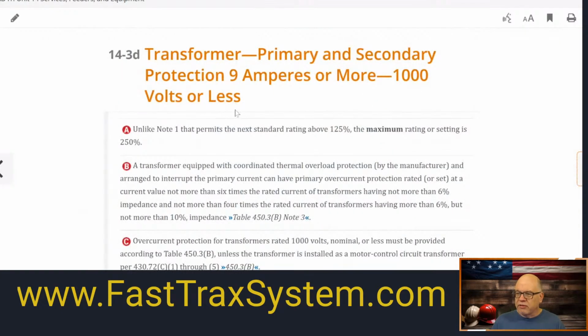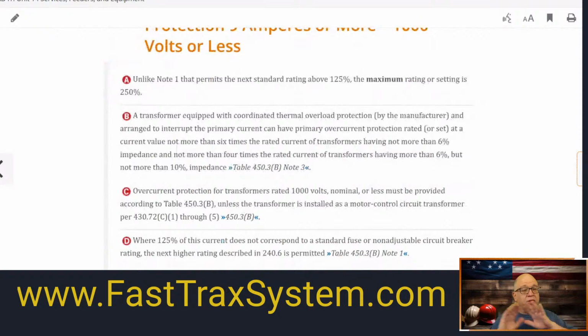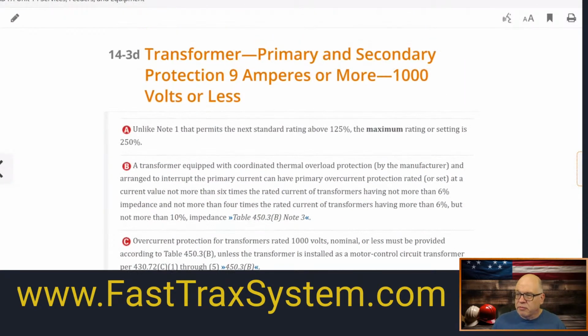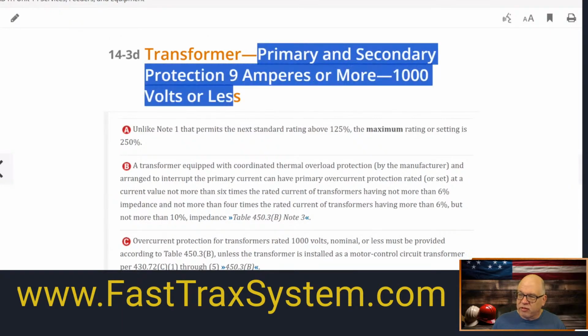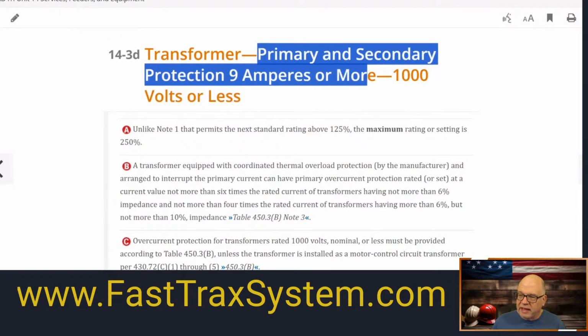Now, let's talk about other than that Note 1, that special application, right? So we're going to talk about where you have primary and secondary protection for 9 amperes or more and 1,000 volts or less. This is probably the reason I showed you the other one first, because that is a rare installation. And I want to make sure that you're clear when somebody comes to you and says, hey, can I have primary only protection for that transformer and those conductors?